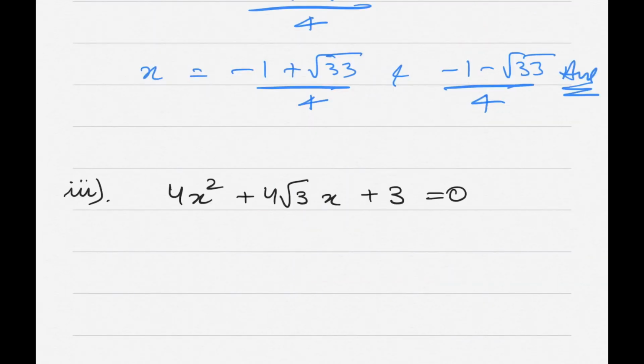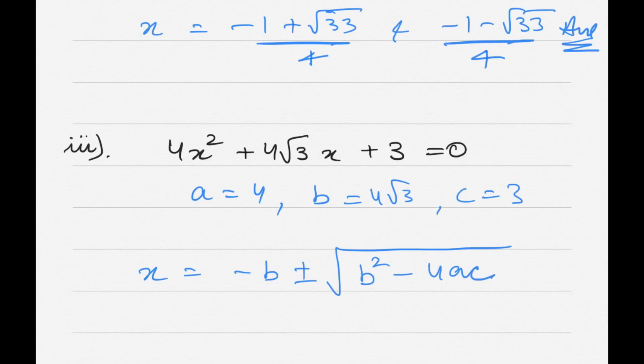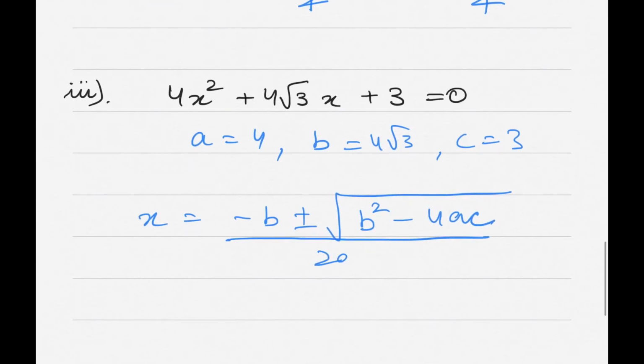Okay, third part. In the third part we are comparing the equation with the general form of the equation ax square plus bx plus c is equal to 0, right? So my a is equal to 4, my b is equal to 4 root 3, and my c is equal to 3. Now my quadratic formula has b square minus 4ac by 2a.